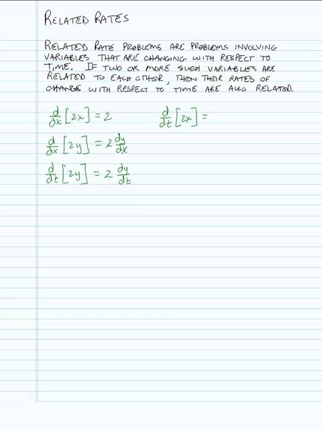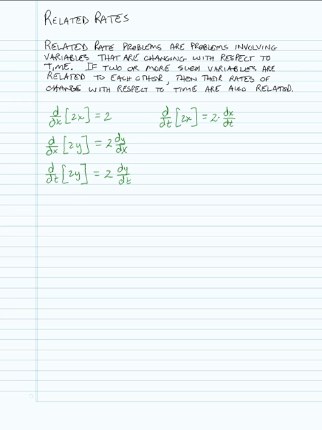So in this case, we're thinking of x as a set of parentheses that has stuff about t inside of it. And so we have the 2 out in front of those parentheses, and then we have to multiply by the derivative of the inside of the parentheses, and the inside is that x. So this is actually 2 times the derivative of x with respect to t.